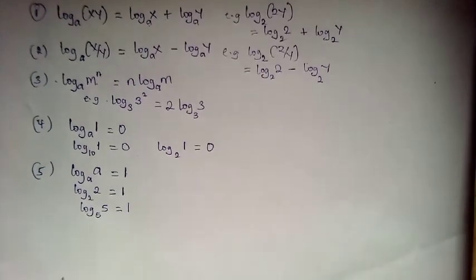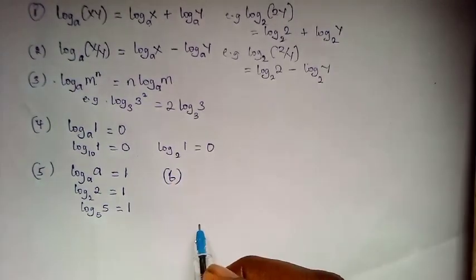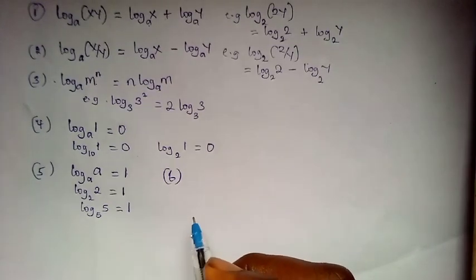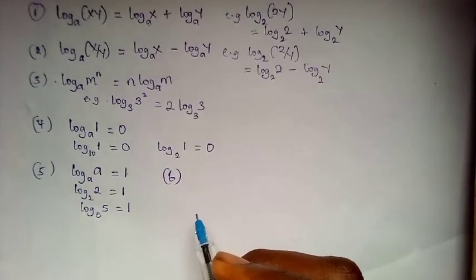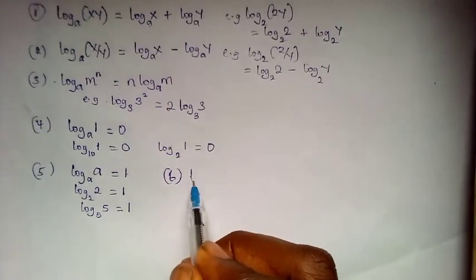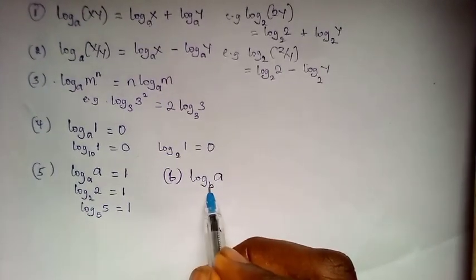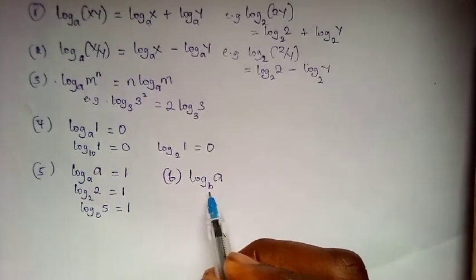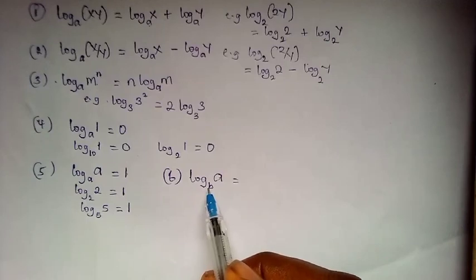So moving over to the sixth law, I call it the change of base. Whenever you are given a base in a particular logarithm and you want to change it to another base, this is the law you use. So let's say we have log of a to the base of b, and you're not satisfied with the base you have here.